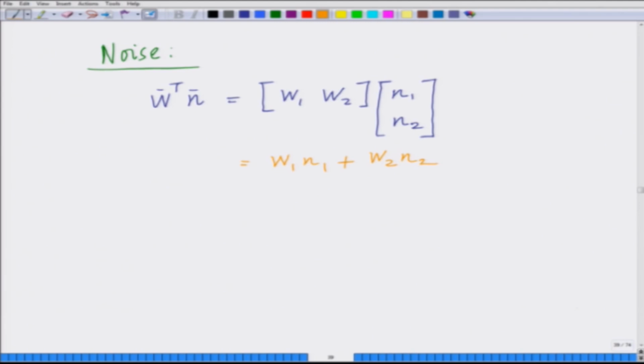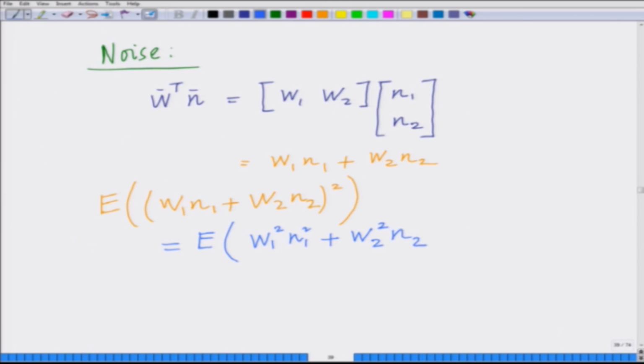And therefore, if I now look at the noise power, that is the expected value of magnitude of W1 N1 plus W2 N2 whole square, which is equal to the expected value of W1 square N1 square plus W2 square N2 square plus twice W1 W2 N1 N2.